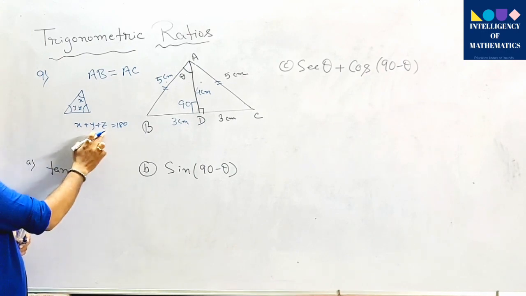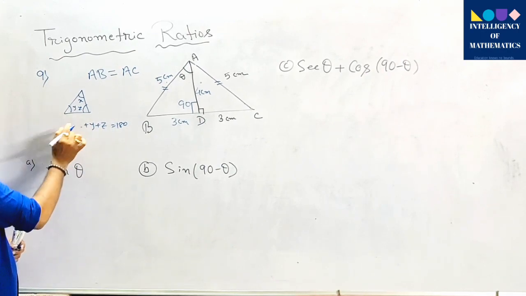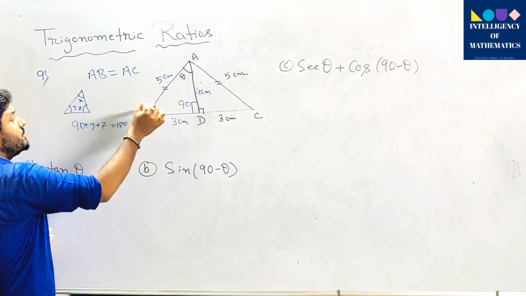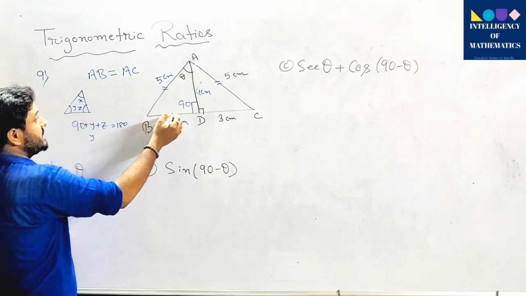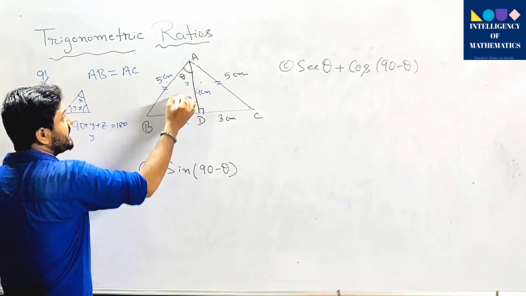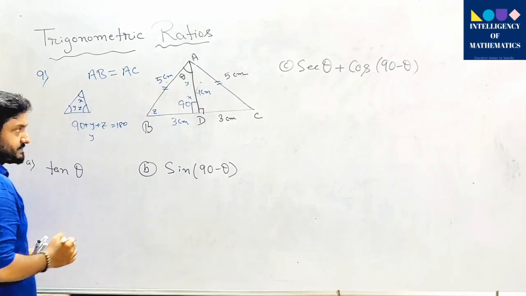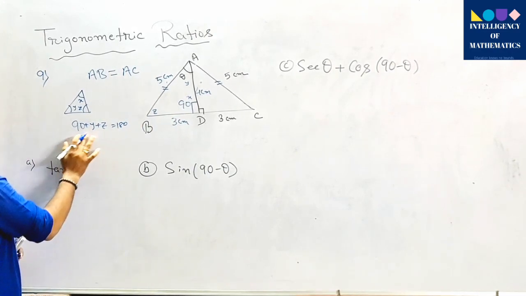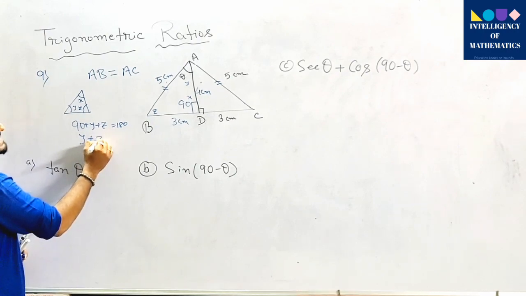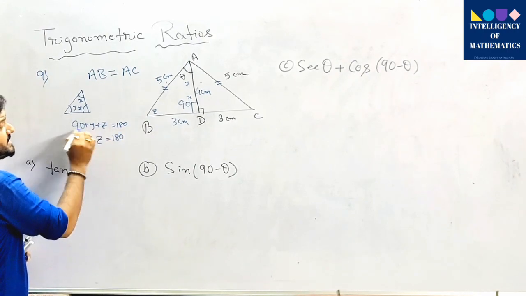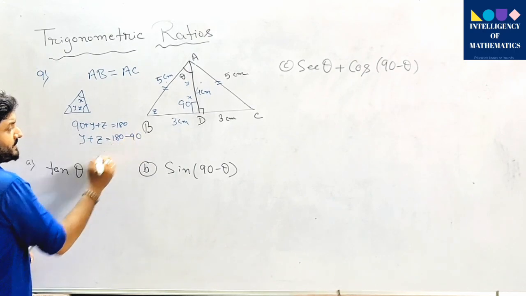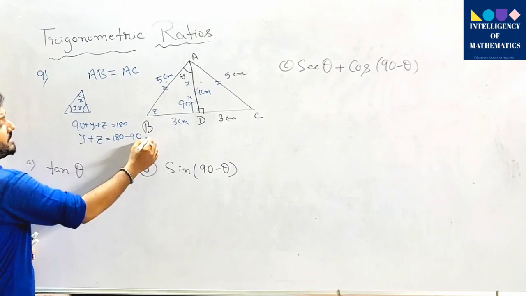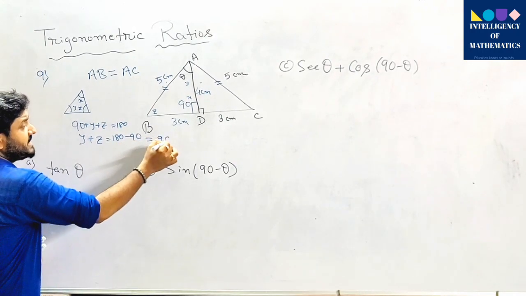So out of x plus y plus z, if one angle is 90, then consider this 90 degree as the value of x. Then y plus z remains as 180, and 90 will go to that side. So the y plus z value remains as 180 minus 90, which is 90.